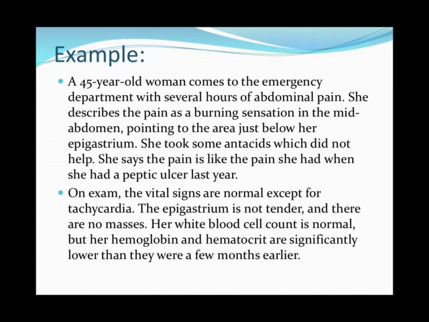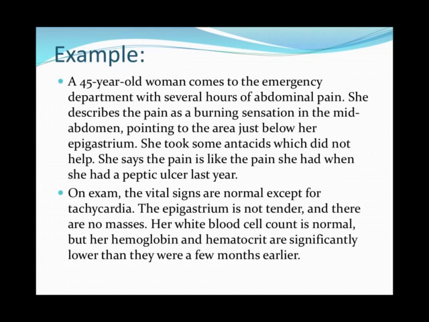So, final example we're going to run through. A 45-year-old woman comes to the emergency department with several hours of abdominal pain. She describes the pain as a burning sensation in her mid-abdomen. She points to the area just below her epigastrium, so kind of the really middle of her abdomen.